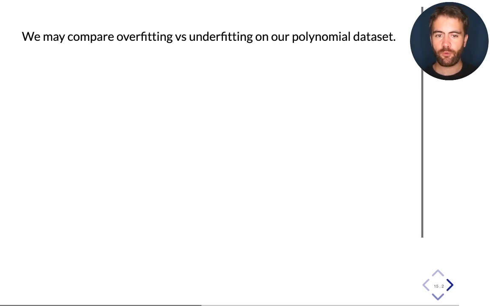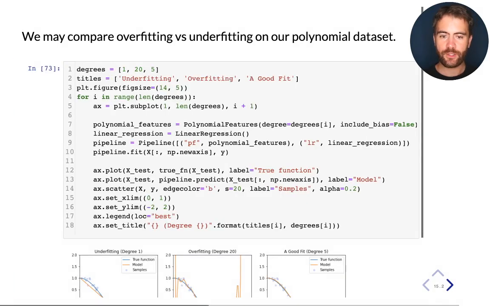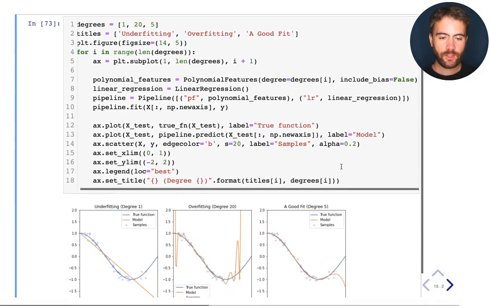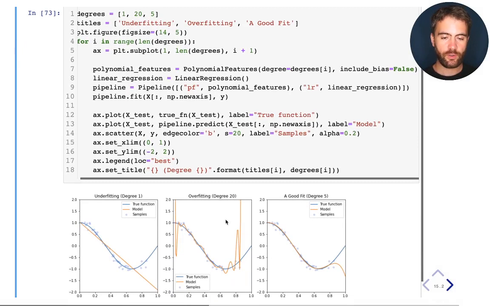Here is an example of both overfitting and underfitting, so both variance and bias, on the polynomial data set that I just showed earlier. Here in the middle, I have an example of overfitting, where again we fit a high degree polynomial, which is a highly expressive function, and it fits the data well, but outside the data, its predictions are very strange and incorrect.